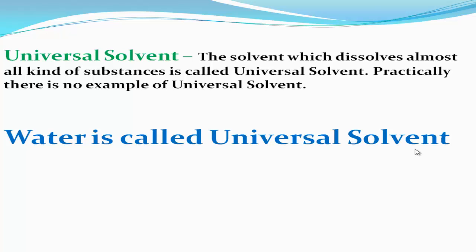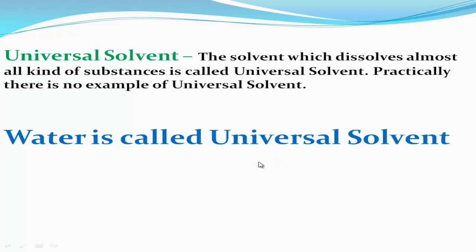So most of the substances are actually dissolved in water, and no other solvent can dissolve as many substances as water. For this, water is called universal solvent. I hope you clearly understand why water is called universal solvent.